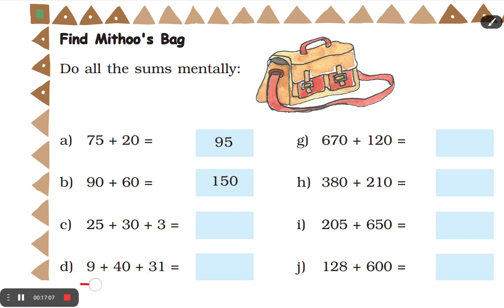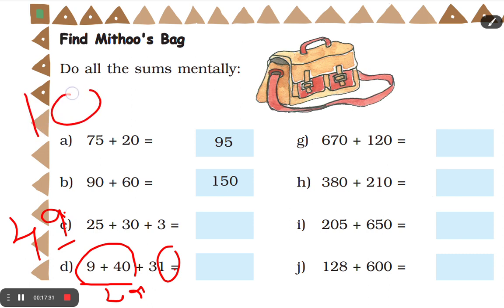Suppose you add in this order only, then what will you do? 9 and 40, if I add both numbers, is 49. Now go to the ones digits. In 49 the ones digit is 9, and in 31 the ones digit is 1. So 9 and 1 is 10. 10 is a two-digit number, right? So what will you write?